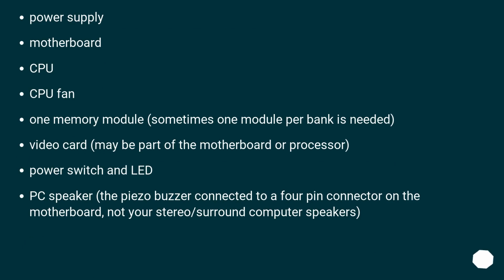One memory module; sometimes one module per bank is needed. Video card, which may be part of the motherboard or processor. Power switch and LED. PC speaker, the piezo buzzer connected to a 4-pin connector on the motherboard, not your stereo or surround computer speakers.